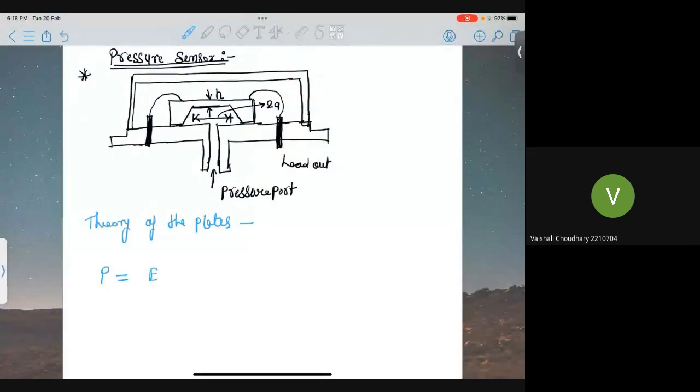is E times h to the power 4 divided by a to the power 4, multiplied by 4.54 W naught by h plus 2.33 W naught by h whole cube. This is the formula for pressure, right?